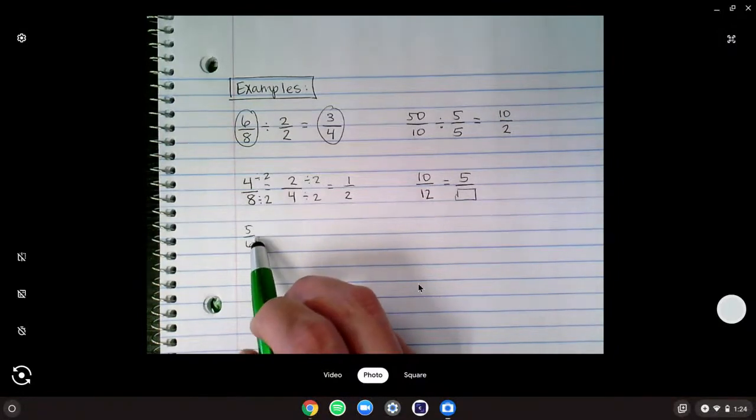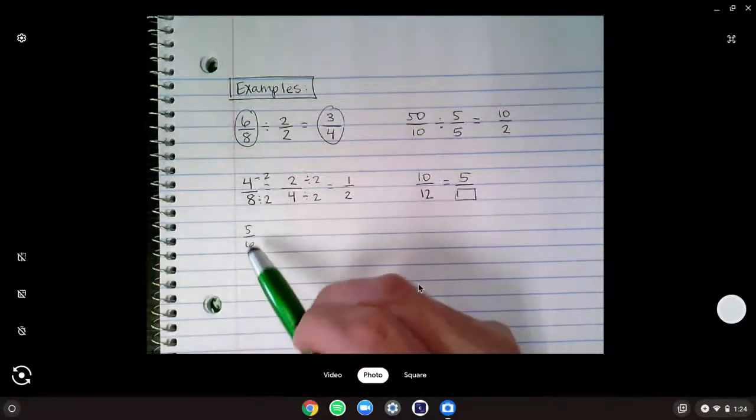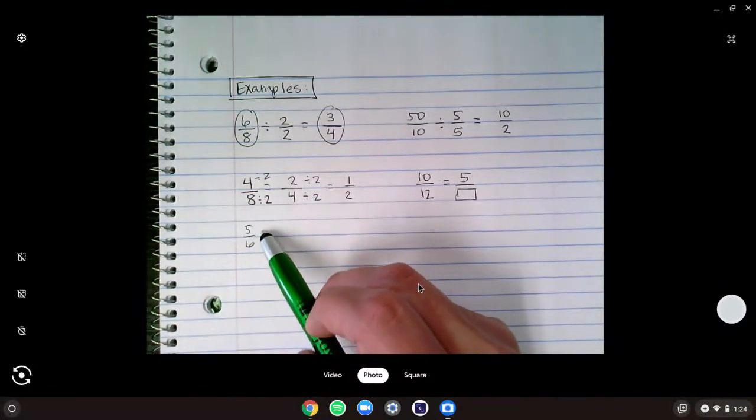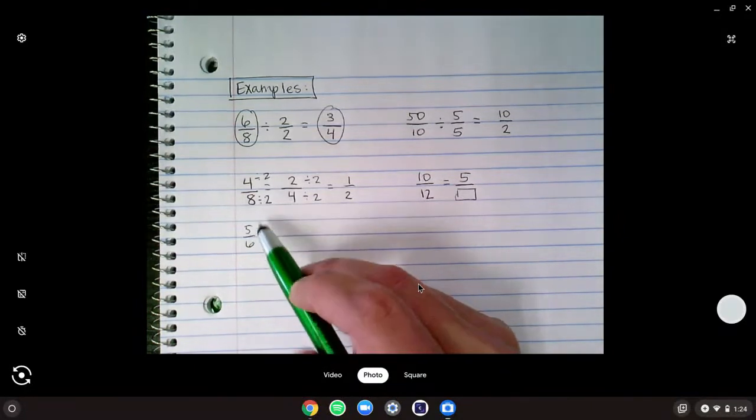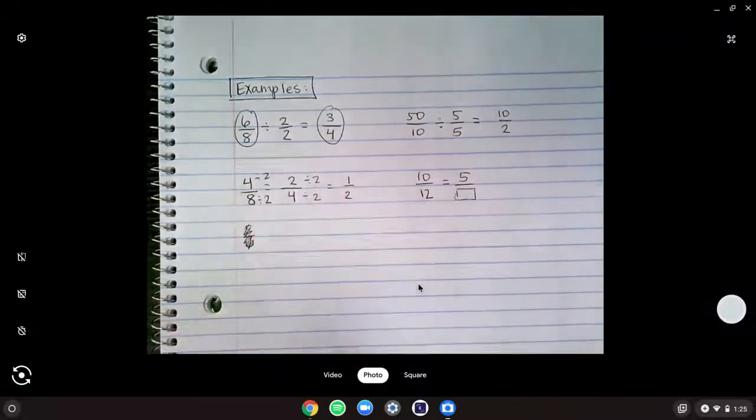What could we use to find an equivalent fraction? Not division, but what could we use? For these ones where you can't do division, use multiplication. Because division and multiplication work together. So if you know you can't do division, then you would use multiplication.